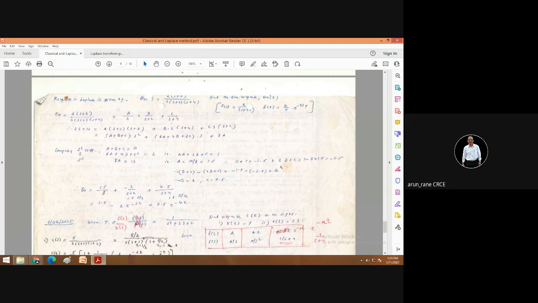So now this can be written as: the value of a is 1.5, so 1.5 upon s. The value of b is minus 2, so b is equal to minus 2, and this is written as minus 2 upon s plus 2. C is half, 0.5, that is 0.5 upon s plus 4.